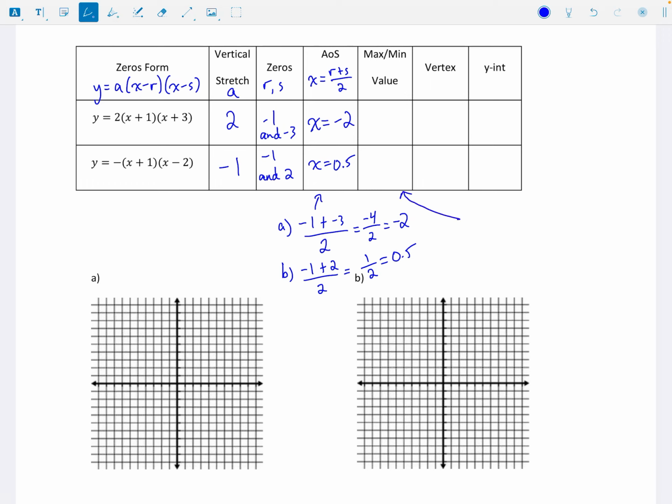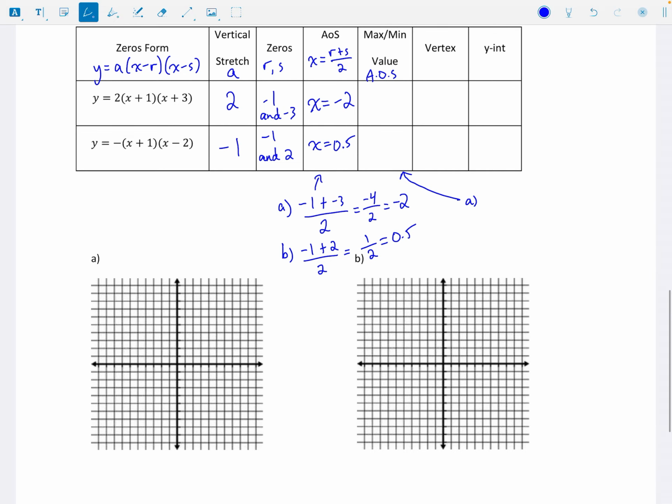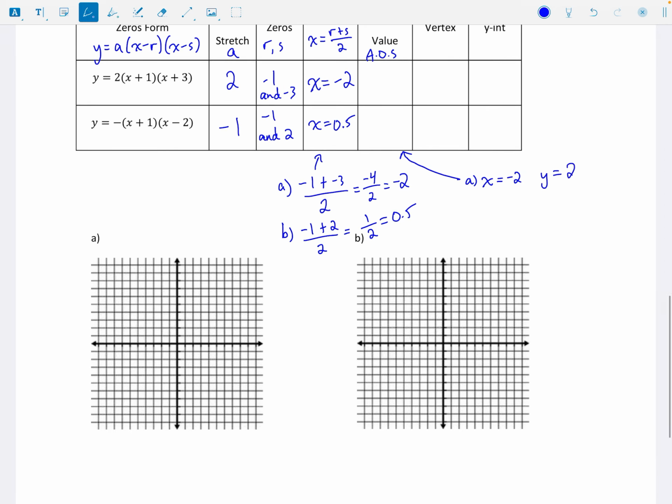Max, min, value. So for the first one up there, what we're going to do always is plug in the axis of symmetry. So we're going to plug in x equals negative 2 for the first one. So that gives us y equals 2, and negative 2 in for the x value here, plus 1, times negative 2 plus 3.